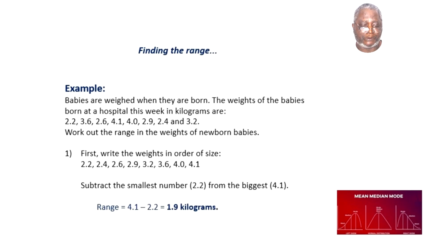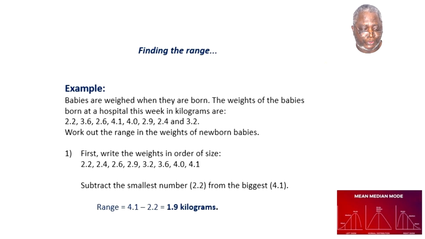Let's look at an example of finding the range. Babies are weighed when they are born. The weights of the babies born at a hospital this week in kilograms are 2.2, 3.6, 2.6, 4.1, 4, 2.9, 2.5 and 3.2. Work out the range in the weights of newborn babies.